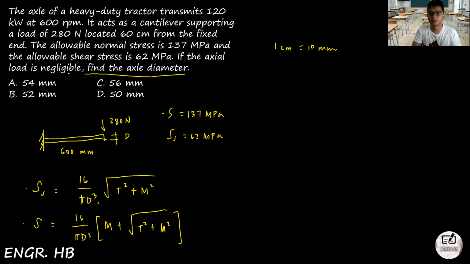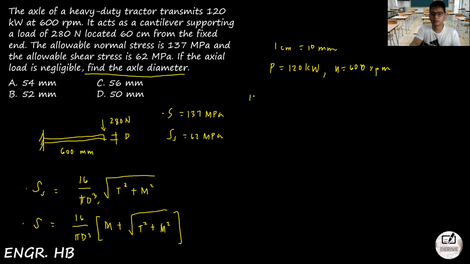heavy-duty tractor transmits 120 kilowatts. So that was 120 kilowatts. And a speed of 600 RPM. So let's just use a small n so we won't get confused. So that was our 600 RPM. It's automatic: when the shaft has power and shaft speed, we can get the torque.